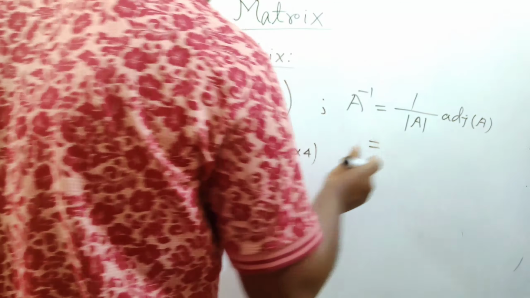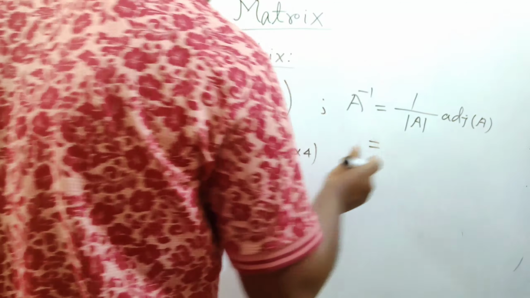So I'll show another example. Example number 2. If a matrix is given like that, negative 2, 1, negative 3 and negative 4, then what will be the value of A inverse?